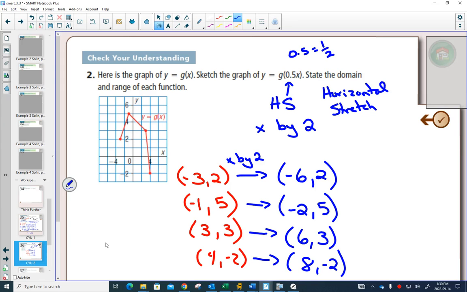Another place that you could do a quick check is after when you graph it. So now I'm going to plot these points, (-6, 2), (-2, 5), (6, 3), and (8, -2).